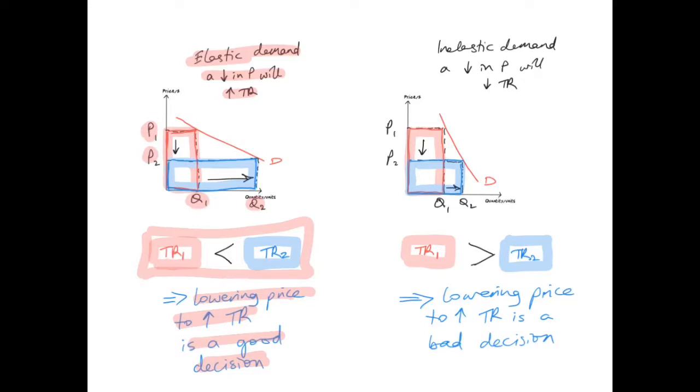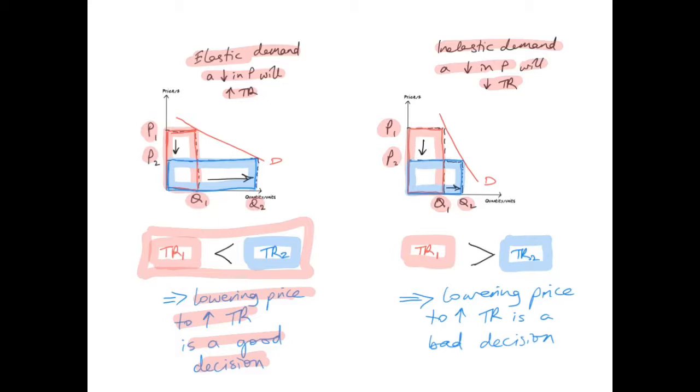When demand is inelastic, on the other hand, a fall in price will actually decrease total revenue. As you can see here, the same fall in price from P1 to P2 led to a very small increase in quantity from Q1 to Q2. So the red rectangle, which is TR1, the total revenue before the fall in price, is actually bigger than the total revenue after the fall in price.